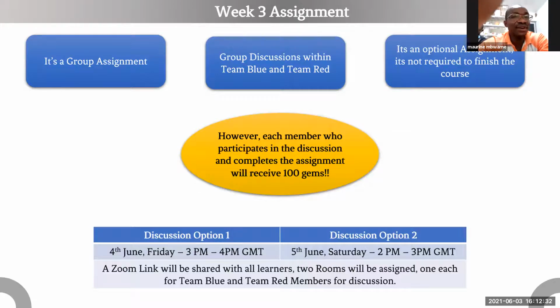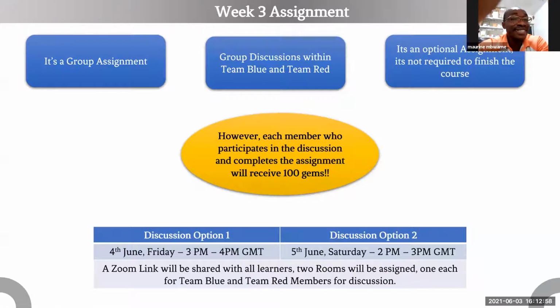They have been up to the task and they have defeated us twice. We are happy. But on the other side, we would like to tell our course instructors that if they can dig out those who have not yet had a gem up to this level of the course, I believe it will give Team Blue at least a gateway to be a leader, maybe in the weeks ahead.